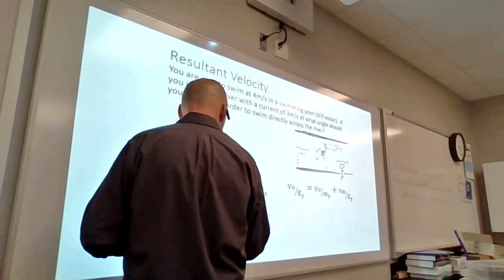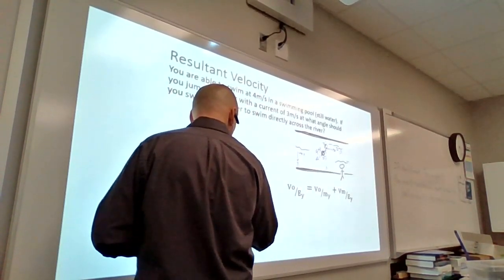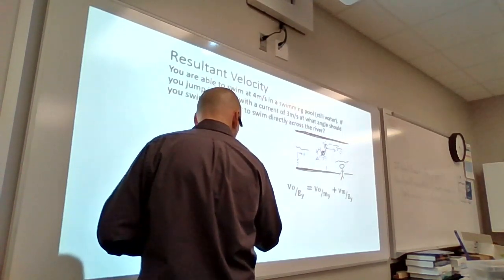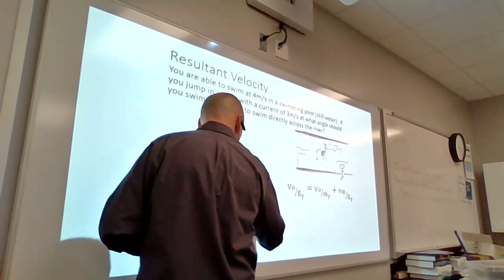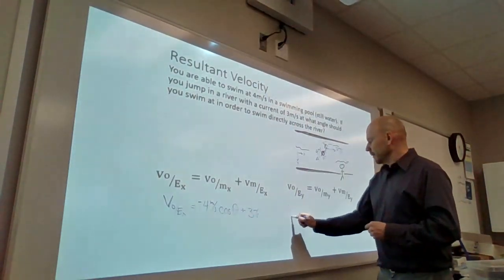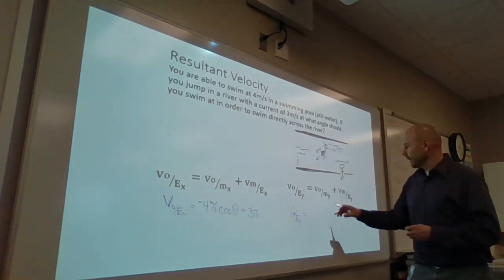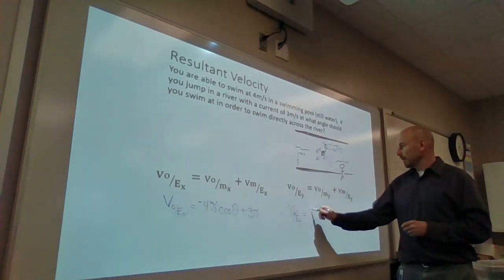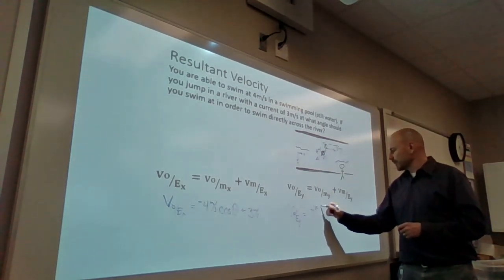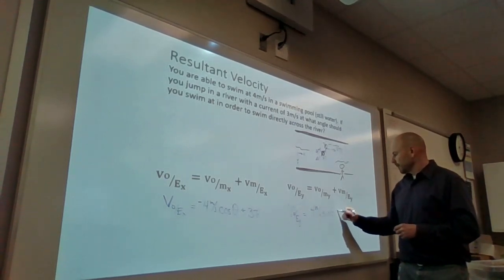Sorry, this is going to be -4 cosine theta plus 3 meters a second. And over here, I've got object relative to medium. We got 4 meters per second times sine of theta plus 0.